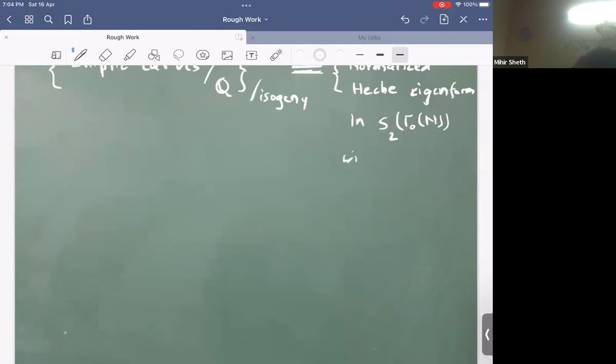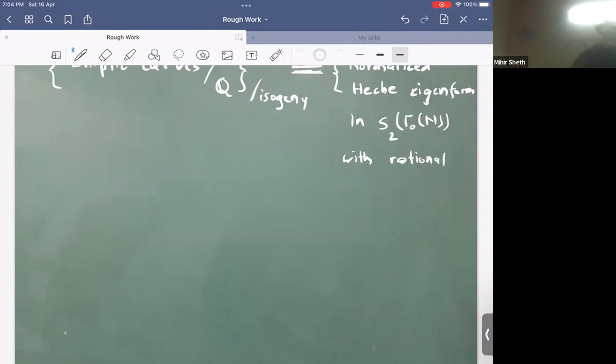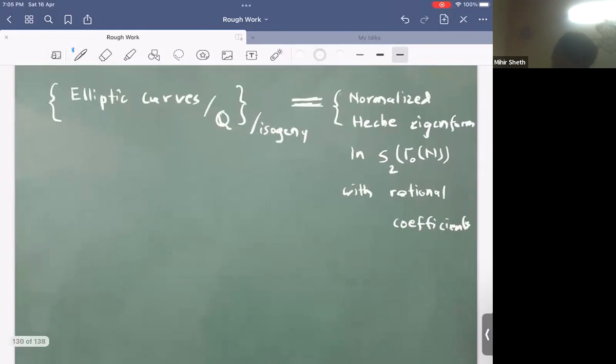N should be on the left side also somewhere, no? Let me finish writing. Okay, so this looks weird now.